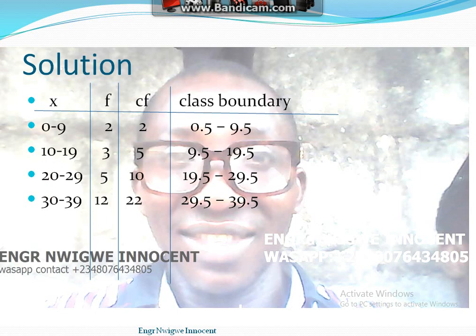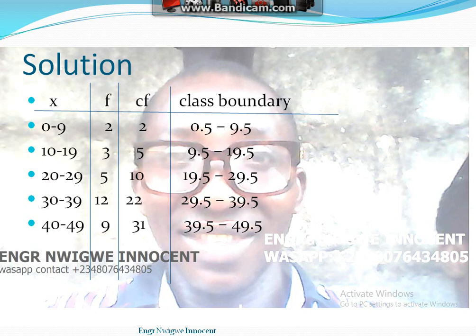The cumulative frequency is 12 plus 10. The class boundary is 29.5 to 39.5. When the mark is 40 to 49, the frequency is 9.